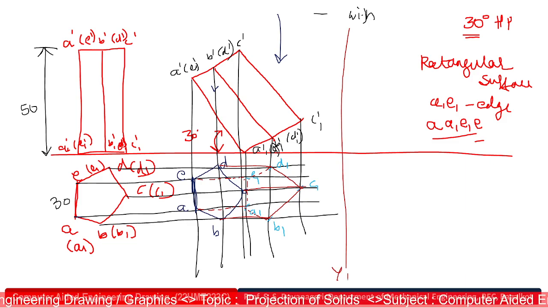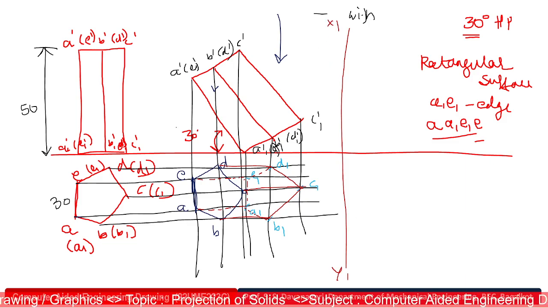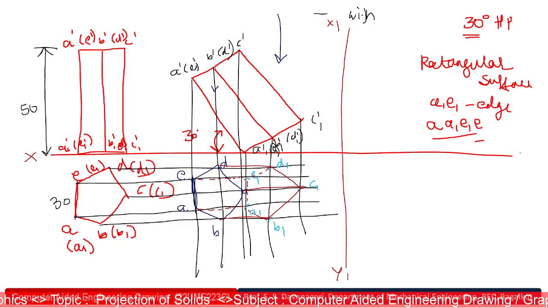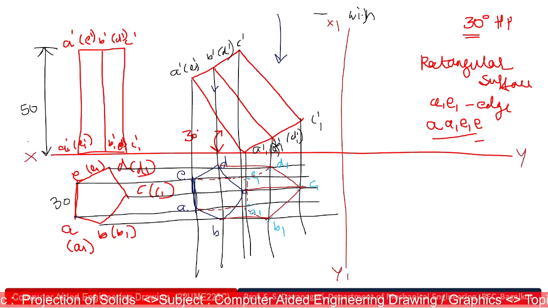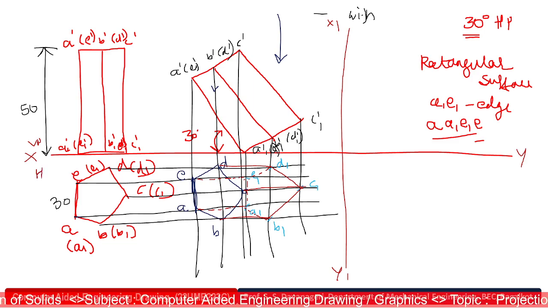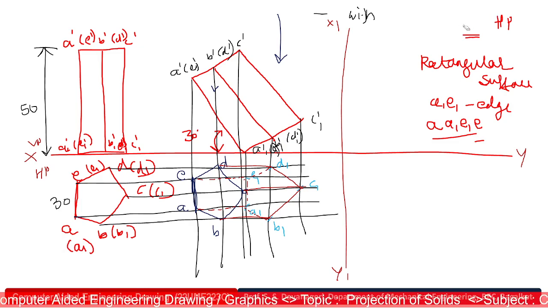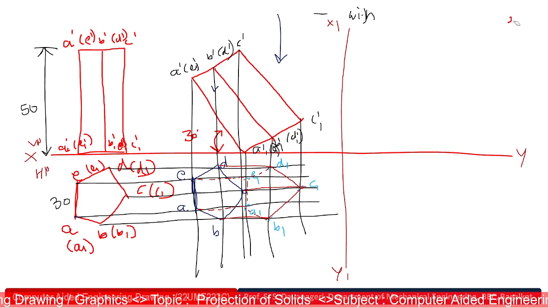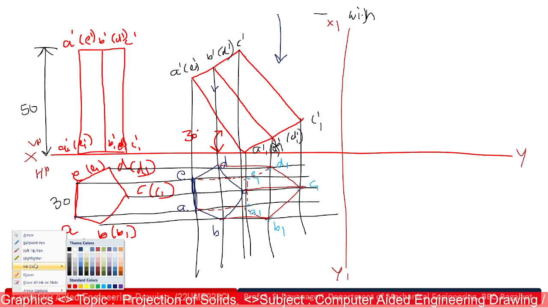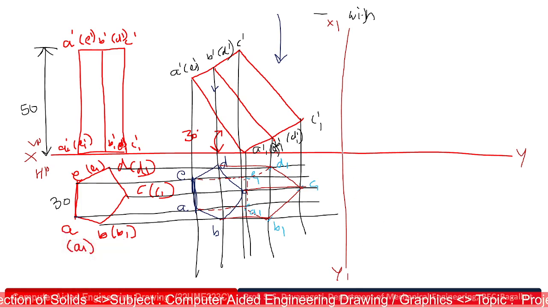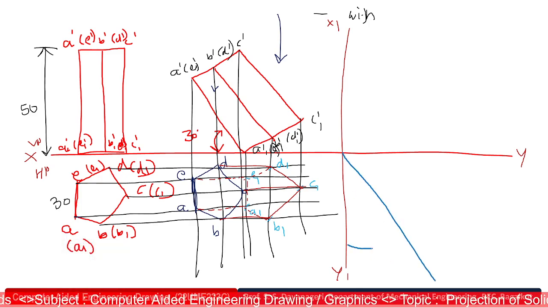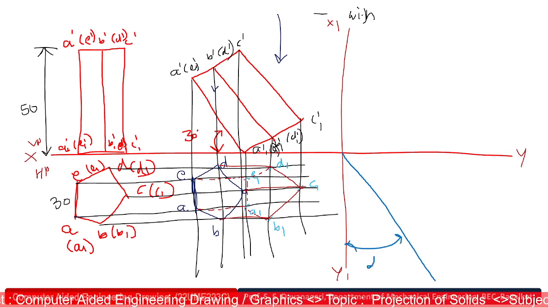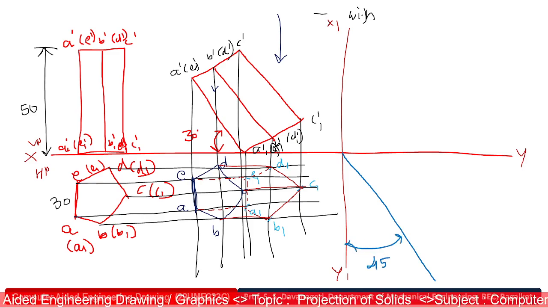Next, just draw one more line here. This line is the X1 Y1 line, and this line is XY. You need to note VP, HP. Now to get the side view, from the intersection of this X1 Y1 line, you draw a line at an angle of 45 degrees here.